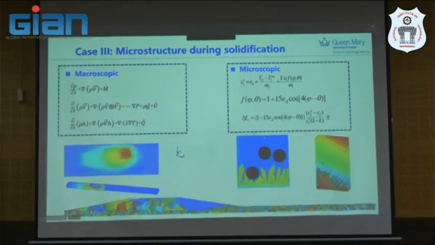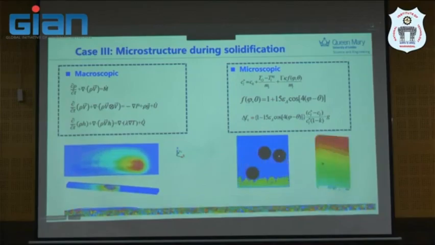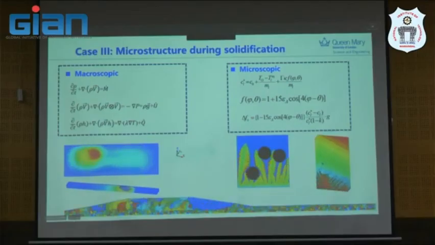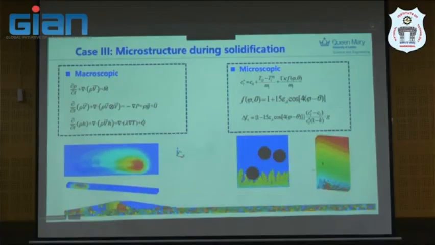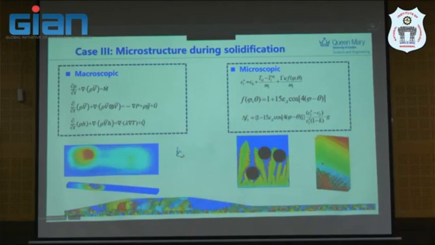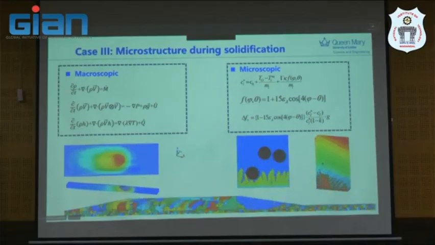In this case, we present the dendrite growth during the metal pool solidification. Also, we can obtain the microstructure characteristics.